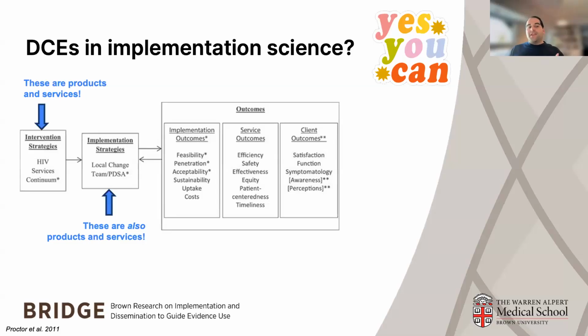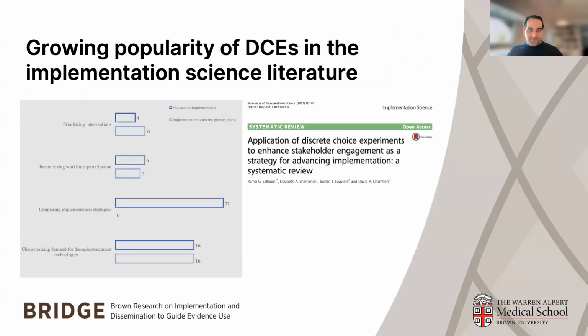There is some level of distinction between what we would consider evidence-based practices or interventions and the strategies that help deliverers make those products and services available. It's easy to conceptualize using a discrete choice experiment if we're doing intervention-based work. But when we're talking about implementation strategies, I would also argue that in some cases, those strategies are products or services that we can elicit preferences about.